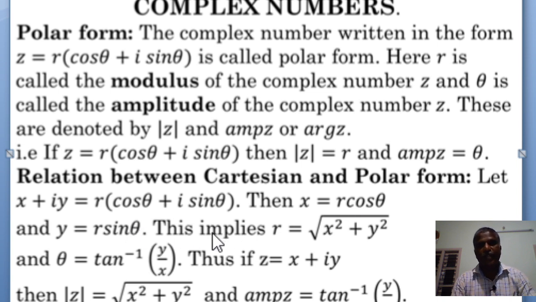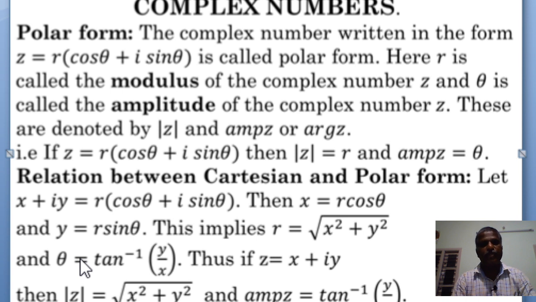By squaring and adding, we get r square is equal to x square plus y square, or r is equal to square root of x square plus y square, which is the modulus. Similarly, by dividing y by x, we get tan theta is equal to y by x, or theta is equal to tan inverse of y by x. That is the amplitude of the complex number.